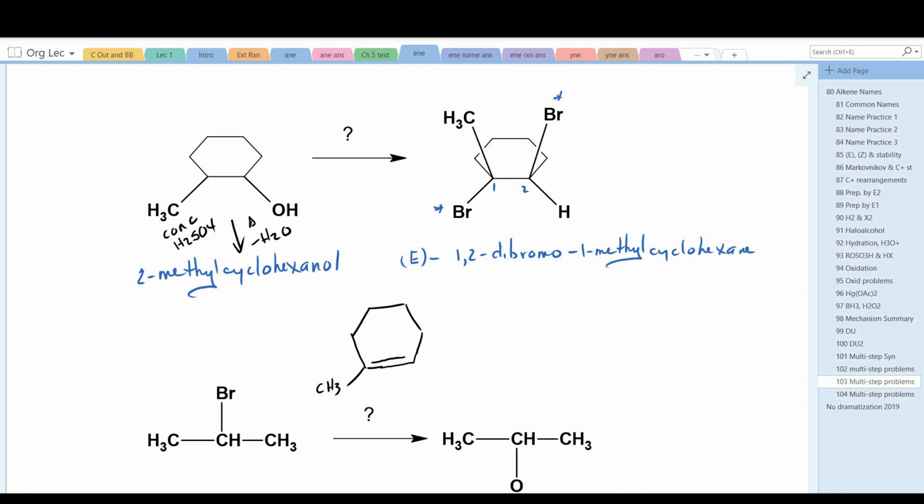Recall the mechanism of dehydration. The hydroxyl group will be protonated by hydrogen ion from the acid. It will leave as a neutral water molecule, taking this pair of electrons with it. That'll form a carbocation in this carbon. However, adjacent to it is a tertiary carbon with a hydrogen on it, and so there'll be a hydride shift from the tertiary carbon to here.